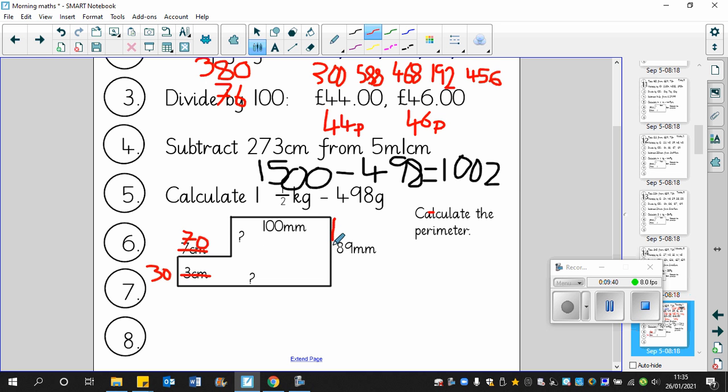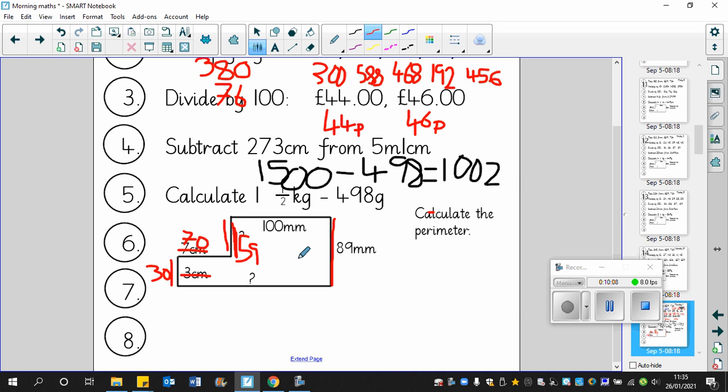Right, okay, let's do verticals first. So there's a vertical there, a vertical which we don't know, and a vertical which we do know. So what we're saying is 30 add the number we don't know is 89. Well, if we add 40, 50, 60, 70, 80, so that's 50 plus 9 is 59. So this is 59 millimeters, and that's this vertical bit here.